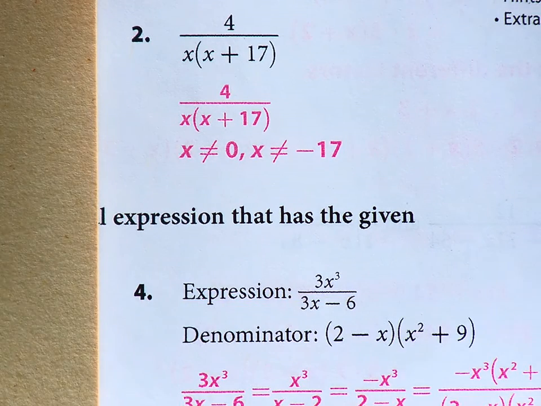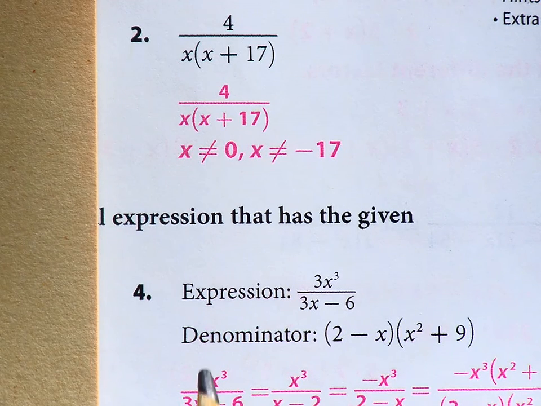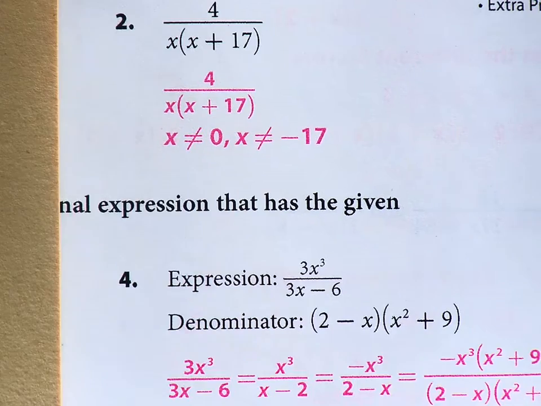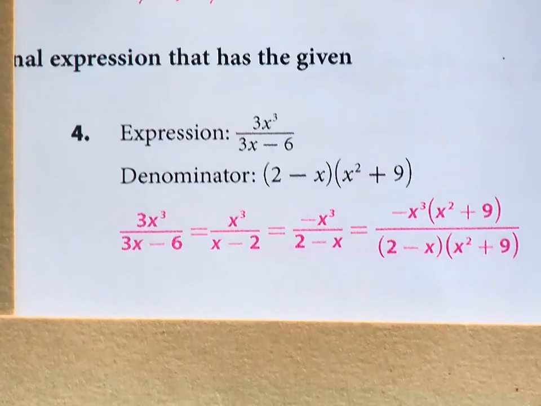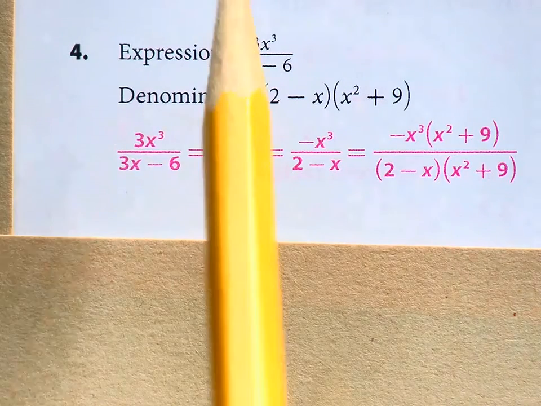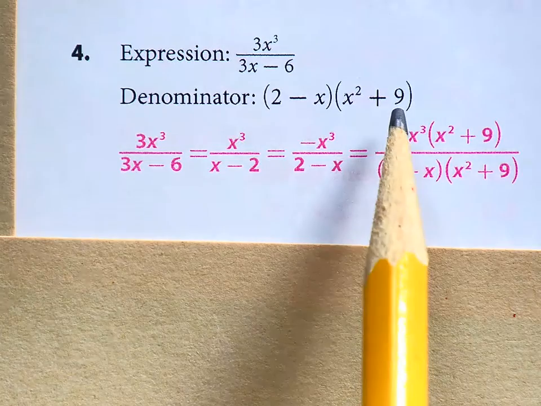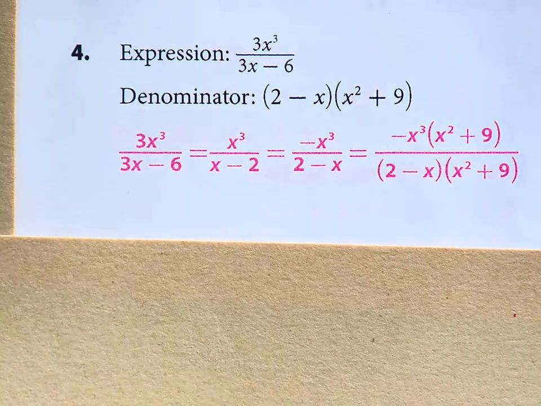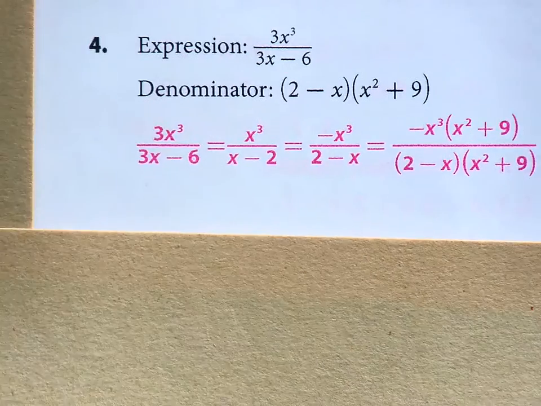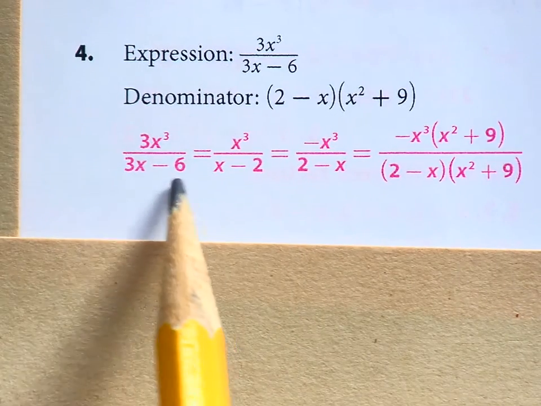So on number 4, it says we want to write the expression with the denominator that's given to us. So this is going to be our goal. Let me go ahead and scoot this up. So we have to try to figure out how to make this denominator be that denominator. And so we're going to do this by, as we see here, factoring out the 3.